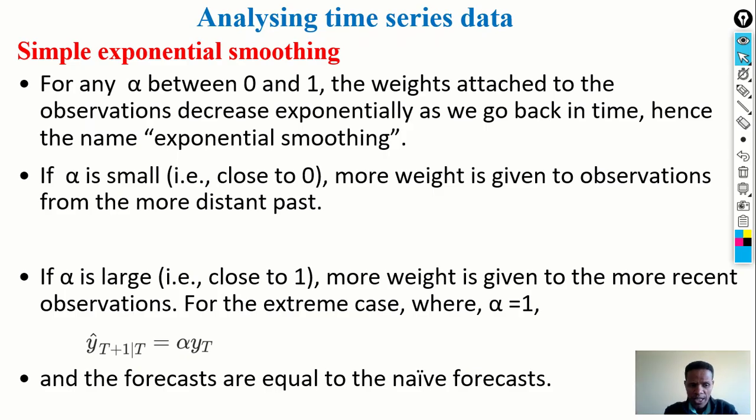To the contrary, if alpha is large, close to 1, then 1 minus alpha is close to 0, so more weight is given to the more recent observations.